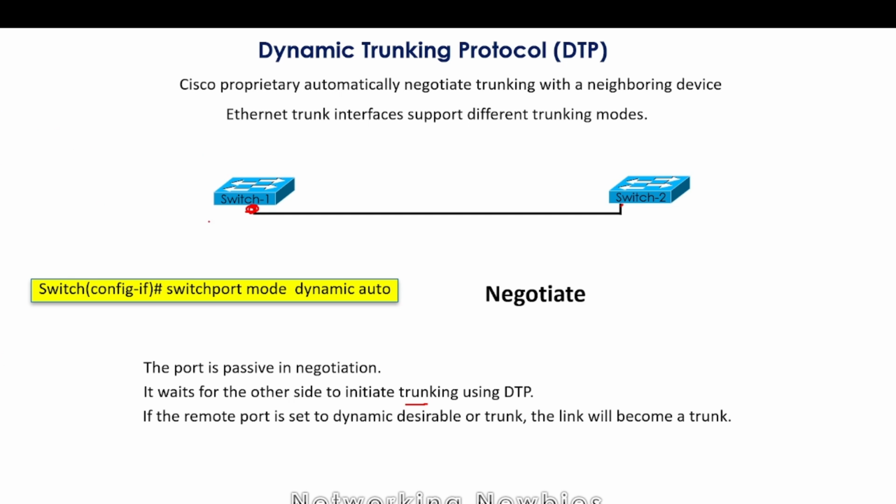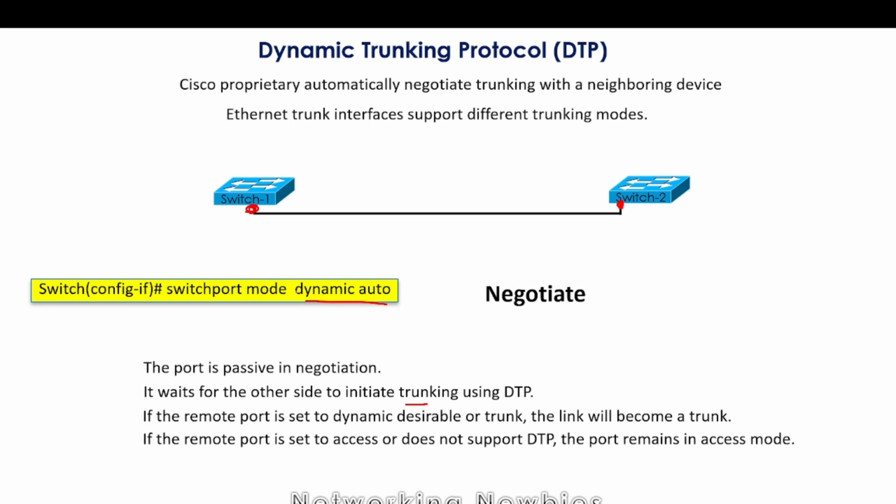Let's say this port is configured with this command, and on the other side, the switch port is configured with dynamic desirable, or that switch port is working in trunk mode. In this case, this switch will become a trunk port. I have a table at the end of these slides. It says that if the remote port is set to access mode, or if the other switch does not support Dynamic Trunking Protocol, this port will also become access. There can be other switches which do not support Dynamic Trunking Protocol, because we have already said that this is Cisco proprietary; mostly Cisco devices use it.